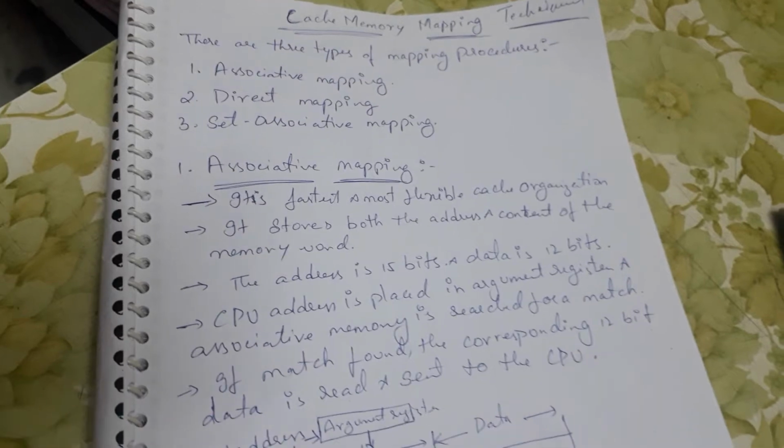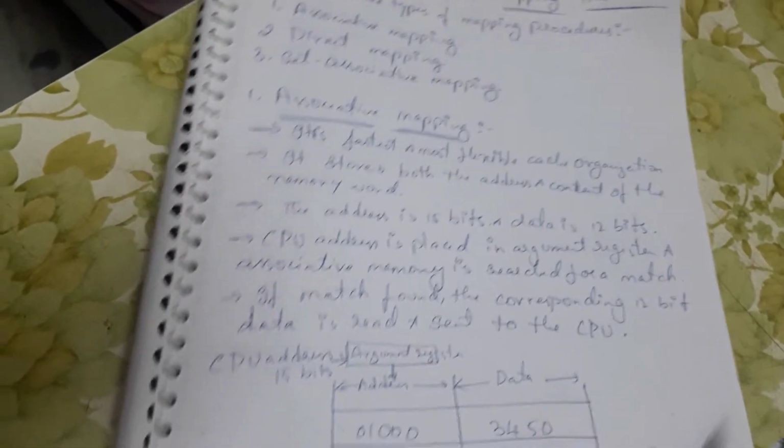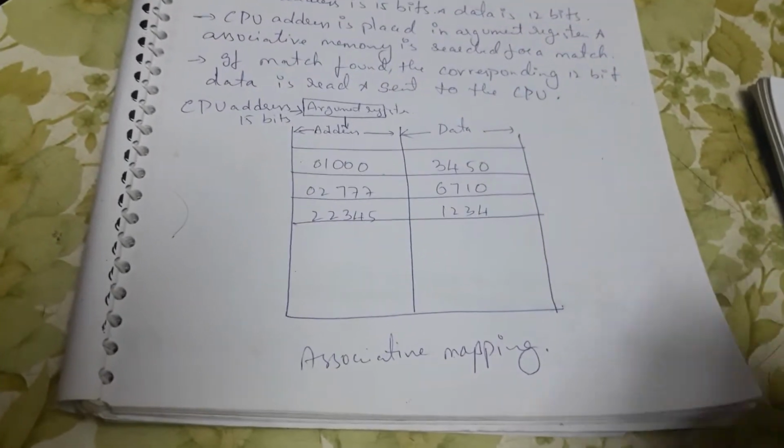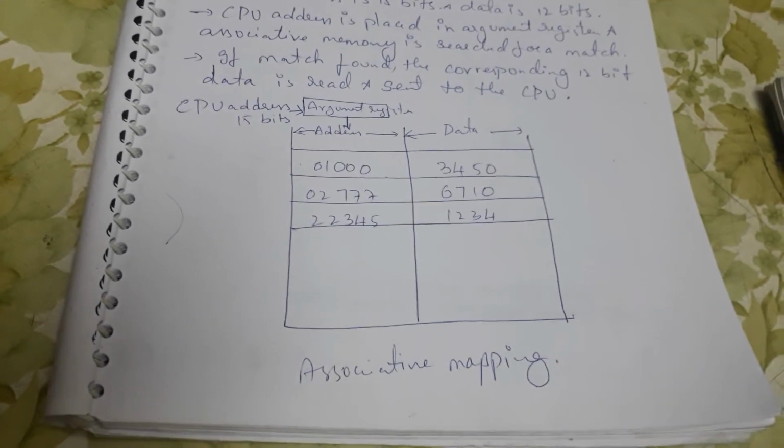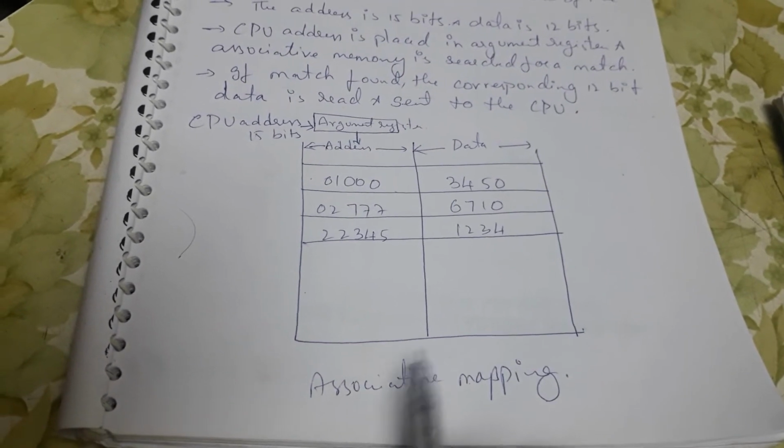I'll tell you what associative mapping actually is. For example, this is how it looks. As you can see, this is the cache memory.